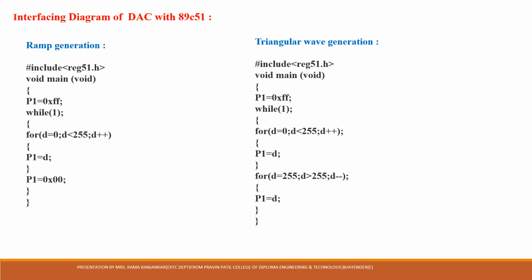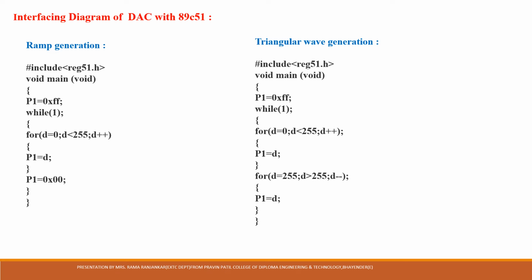So slowly it increases, it reaches the peak point, and as it reaches the highest point suddenly it decreases to 0, so that finally we write P1 equals 0. So in this way a positive ramp is generated. If suppose you want to generate the negative ramp, then you reverse the instruction.